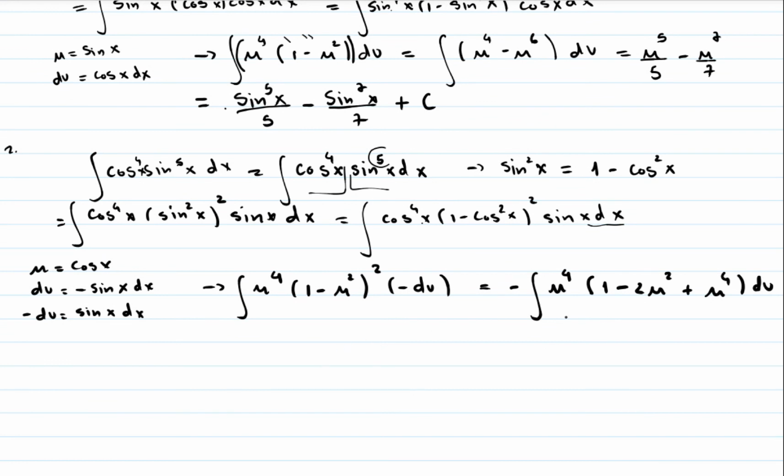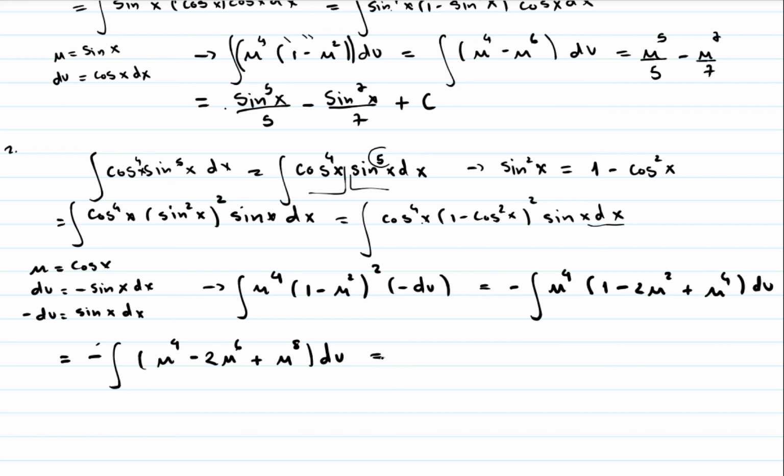So to make it easy for us to solve, we're just going to distribute this u^4 here. This is going to give us minus the integral, and distributing this u inside, we have u raised to 4 minus 2u raised to 6 plus u raised to 8, all this du.